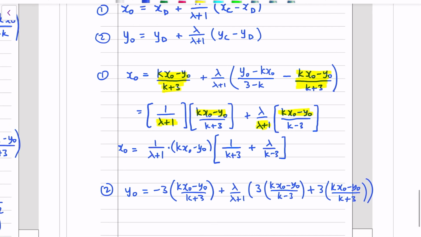Alrighty, now again what you need to notice is that this thing here repeats. It's there and it's there.